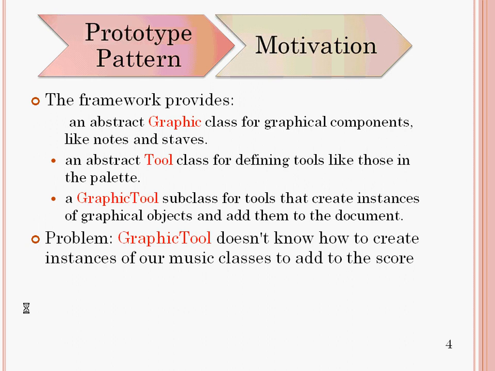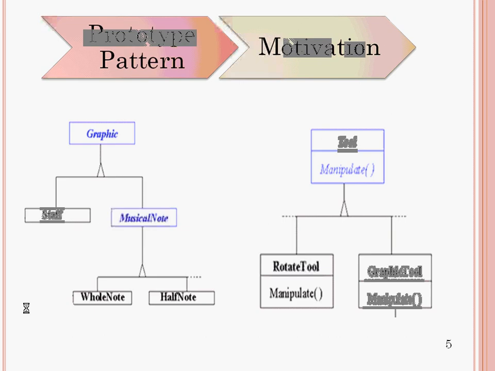How do we do it? So that's a problem. These are two independent class hierarchies, so you need to connect them together. Whenever an icon is selected and dragged and dropped to create a new music note, the tool has to instantiate from the graphic components.